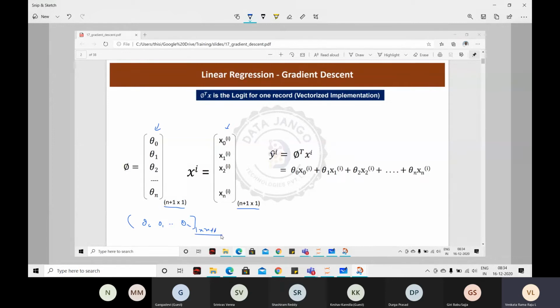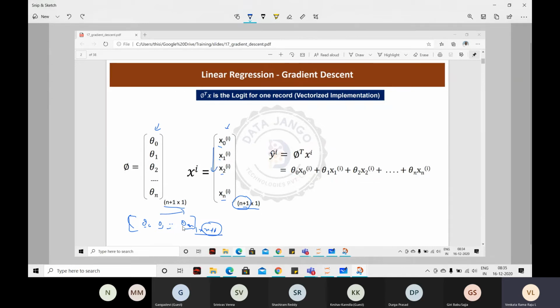Now you can multiply this matrix with this matrix, because the number of columns in the first matrix is equal to the number of rows in the second matrix. When you multiply, this theta 0 multiplies this x0, theta 1 multiplies x1, theta 2 multiplies x2, theta n multiplies xn, and it will get summed. In matrix multiplication, this row multiplies this column and sums it to calculate one value.